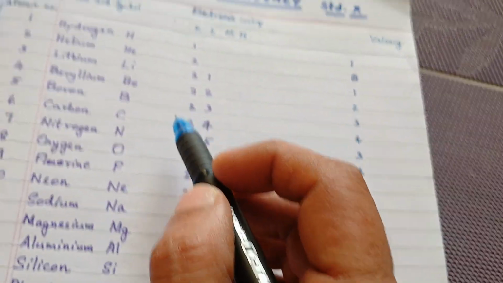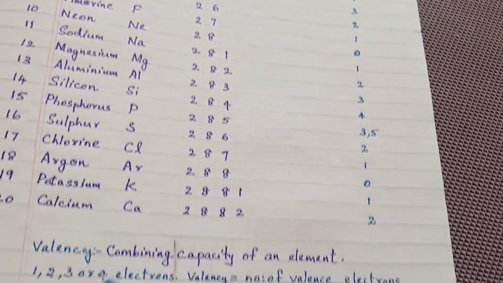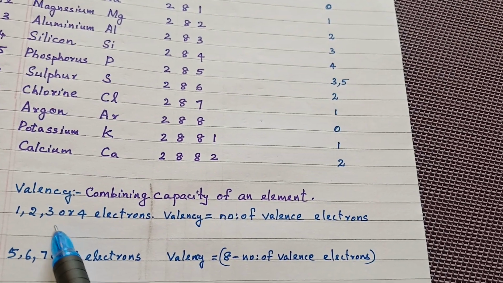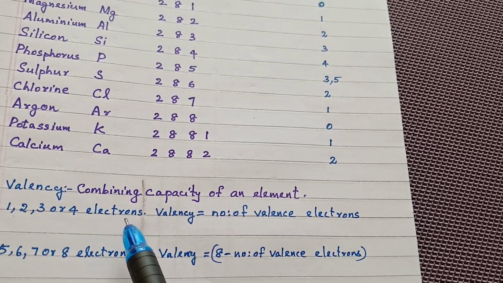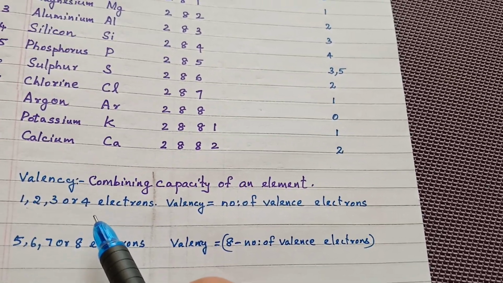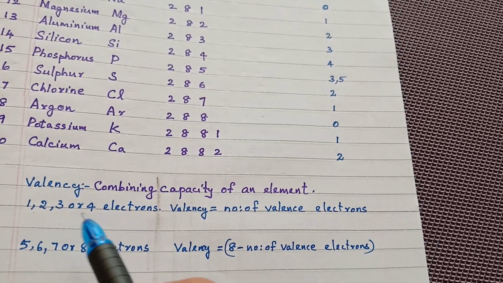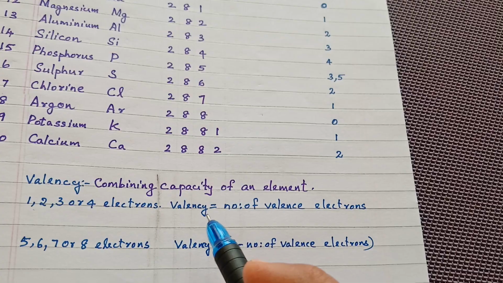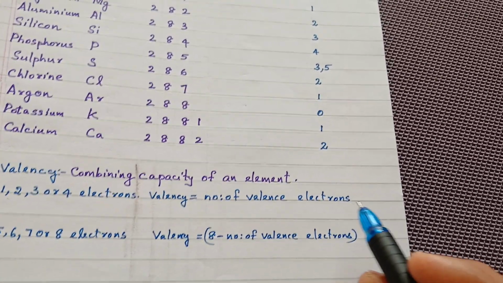We have a certain set of rules to find the valency of the elements. If 1, 2, 3 or 4 electrons are there in the valence shell, that is in the outermost shell, then valency equals number of valence electrons.